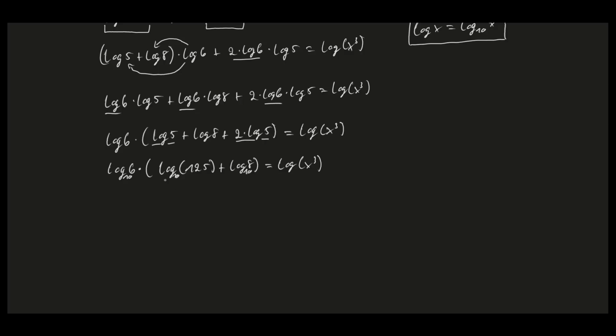And now we can use here the first property. When we multiply 125 with 8, we get 1000. And 1000 is the same as 10 raised to the power of 3. And with this logarithm here, the result will be 3.